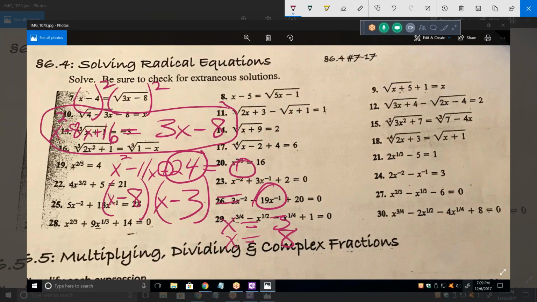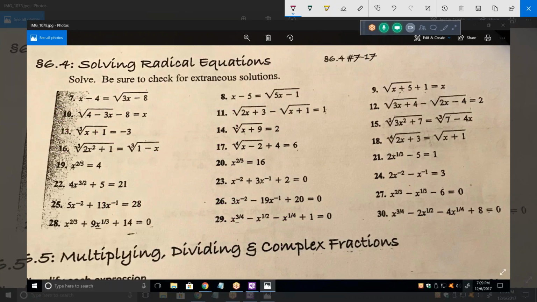Now, whenever you have a radical sign, you have possibilities that one of these solutions doesn't work. You know what I mean when I say extraneous solutions? Be sure to check for extraneous solutions.